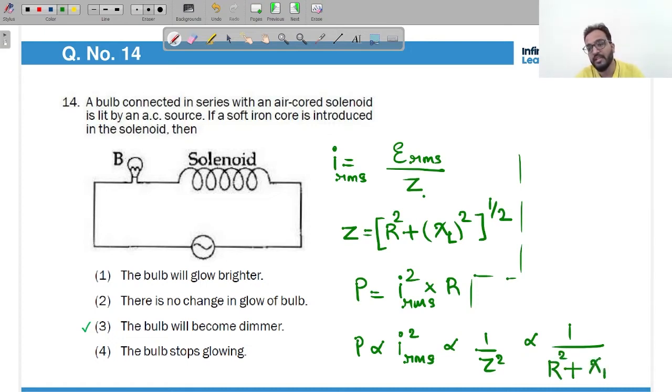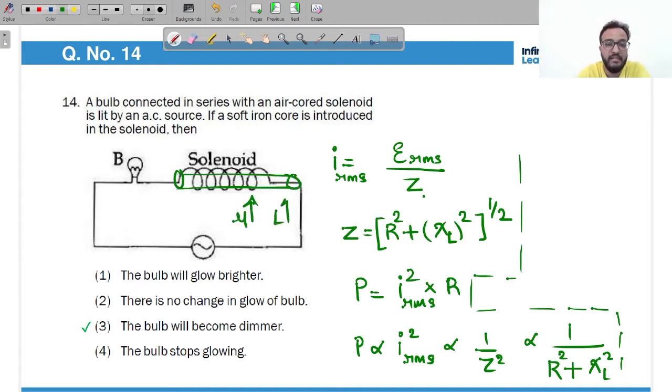Now you tell me what is XL? XL is omega into L, and L depends upon the permeability of the medium. So if you insert an iron core here, then what will happen? Mu will increase, L will increase, Z will increase, and I will reduce. Hence finally we can say power will reduce. So the bulb will glow dimmer.